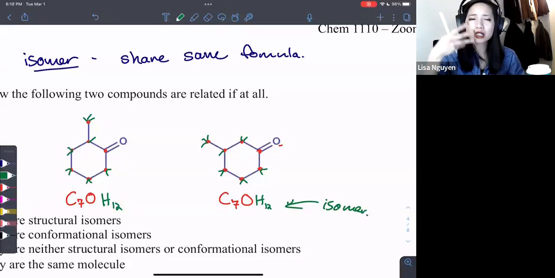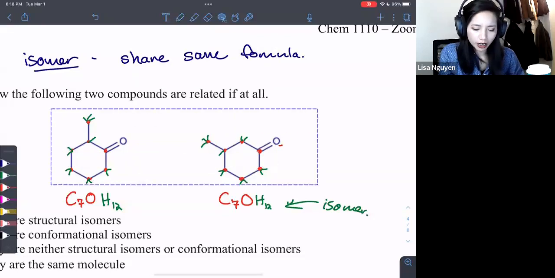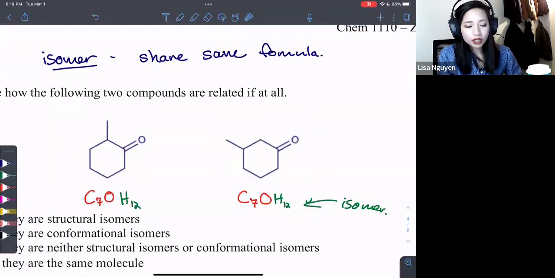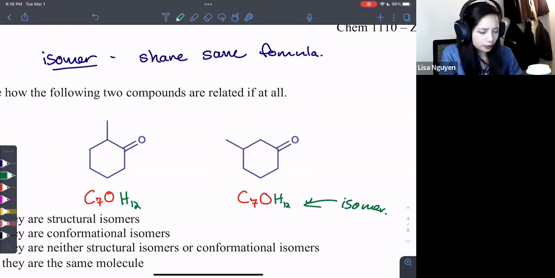But now we need to go into a little bit more detail and think, what kind of isomers are they? So see that we have this ketone group, at 2 o'clock here. On this first molecule, we have a methyl group, one of the substituents coming off the 12 o'clock position. But in this one, it's on a different carbon. So let me number the carbons so it's a little bit easier.